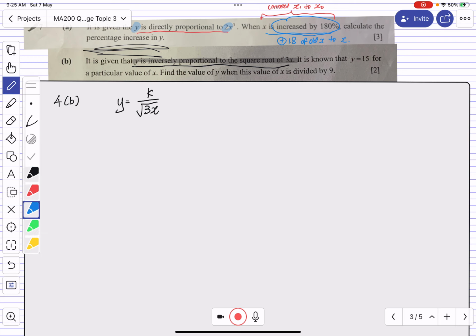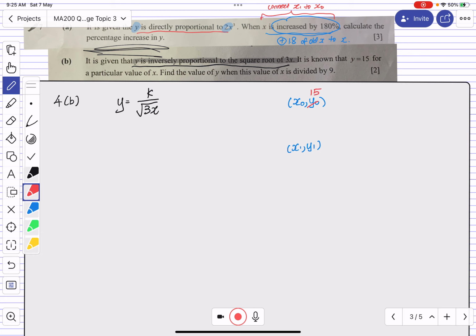So again, like in previous questions, I always define an old set and a new set of x and y values to be substituted in. Here we know that for this particular value of x, y0 is 15.